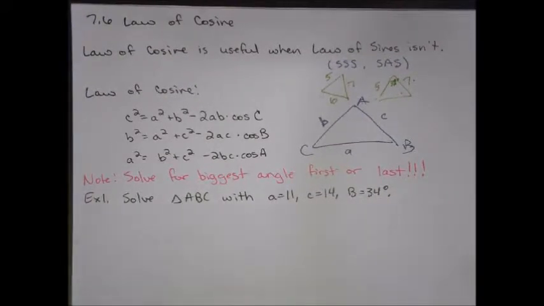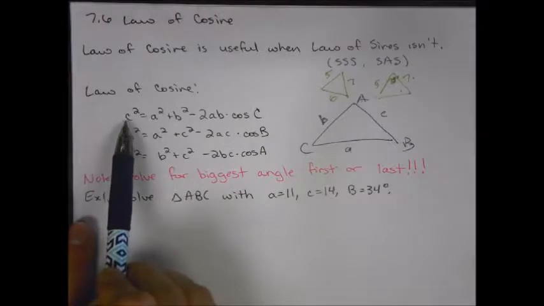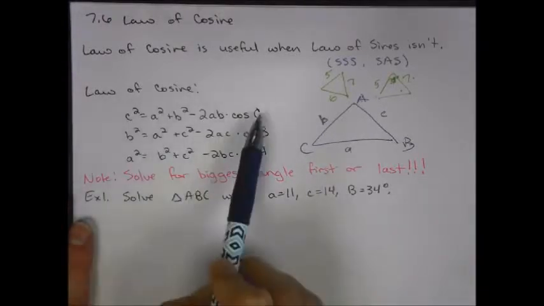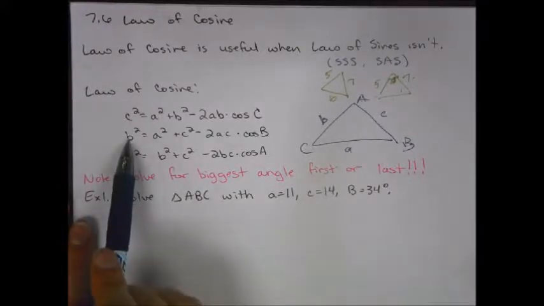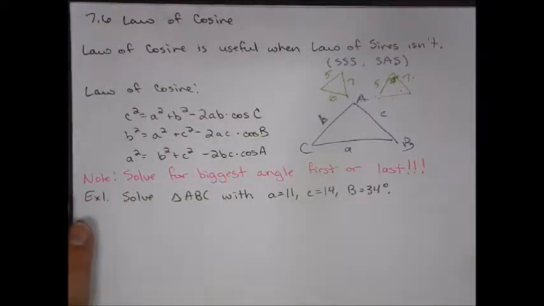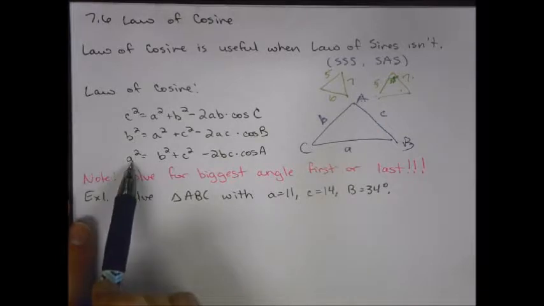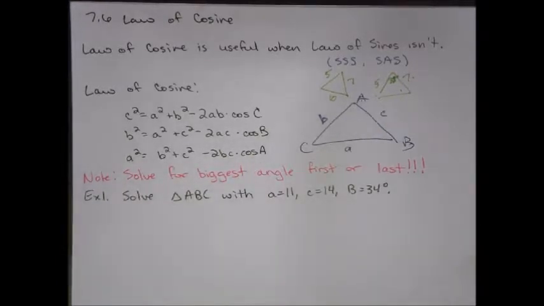Note they are all the same. Just in one of them, we have c squared starting and angle C in it. The other one, we have b squared starting, so angle B in it. And the last one, we have a squared starting, so angle A in it.